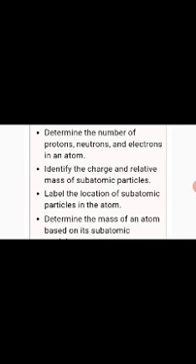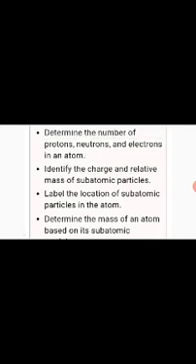Electrons revolve around the nucleus, and in the nucleus protons and neutrons are placed, in any atom of any element, except hydrogen, because hydrogen has only one proton and no neutron.